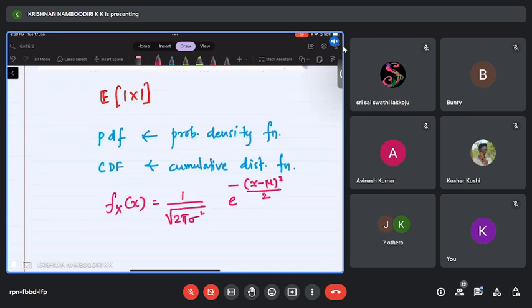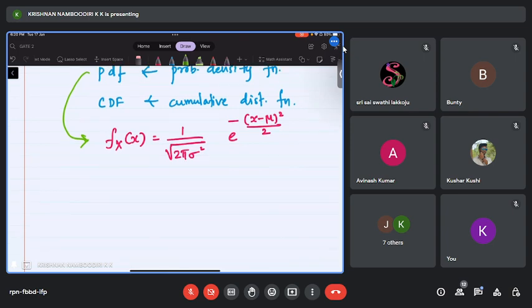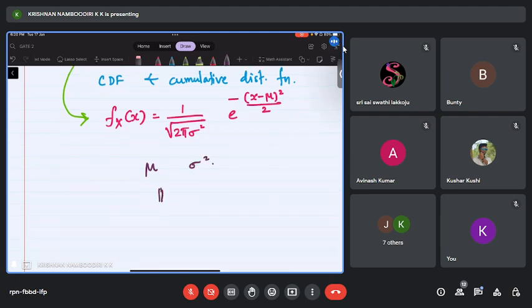This is the PDF of a Gaussian random variable. And there are two parameters, mu and sigma square, where mu is the expectation of X, or the mean of the random variable, and the variance of the random variable is sigma square.